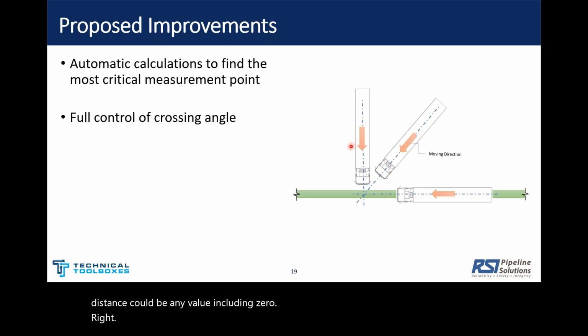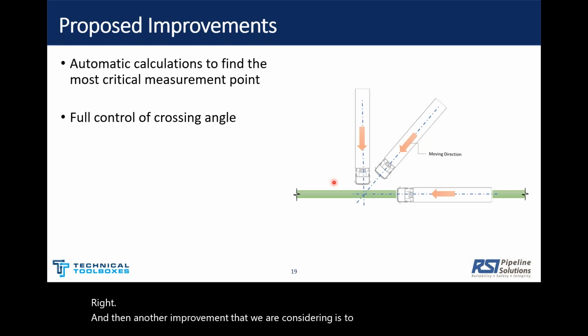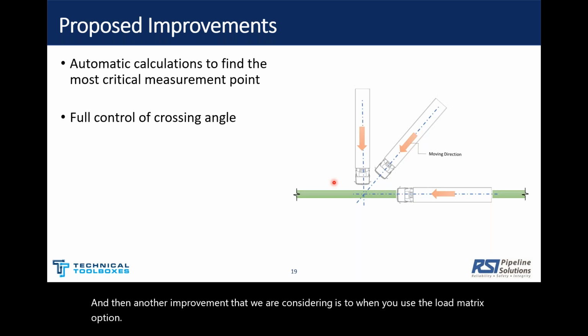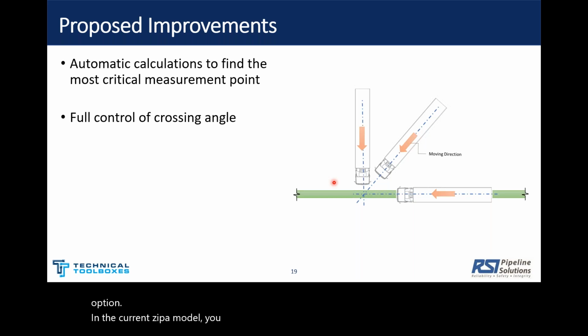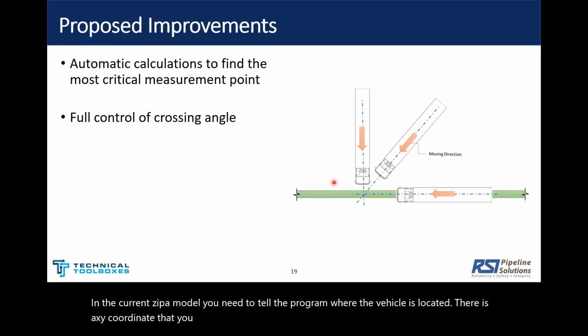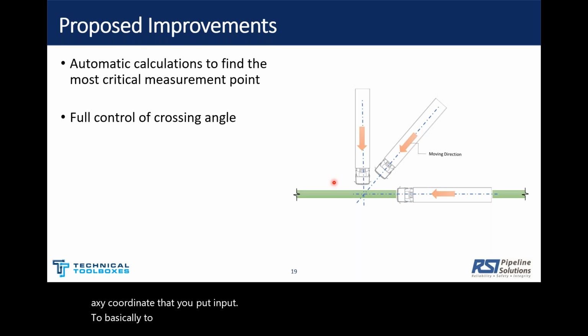And then another improvement that we are considering: when you use the load matrix option in the current CEPA model, you need to tell the program where the vehicle is located. There is an XY coordinate that you input to tell the program which location of your load matrix is your critical point.